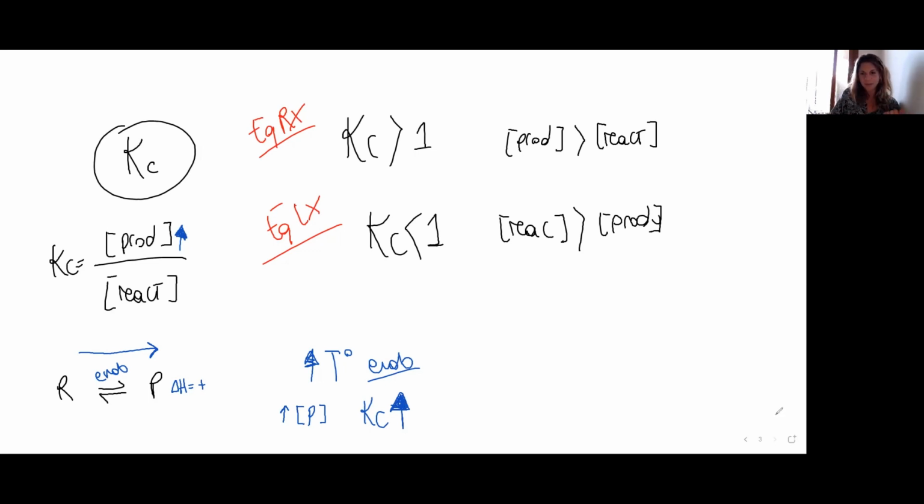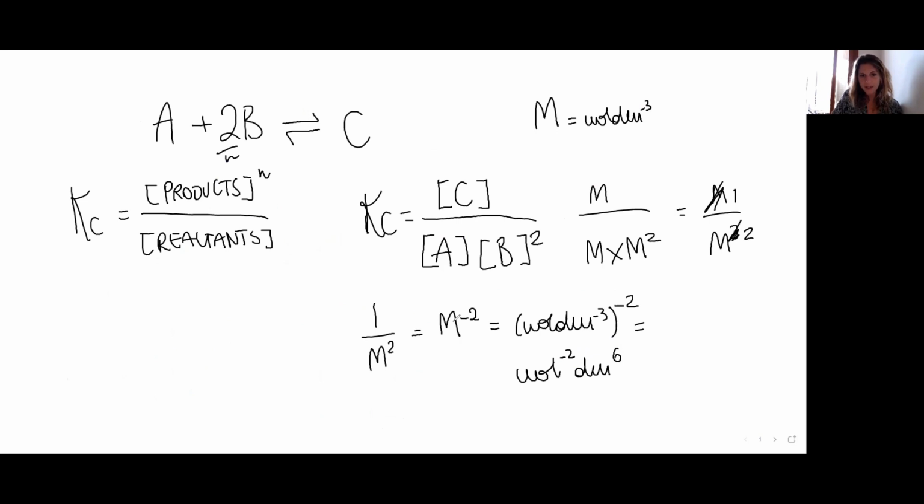Let's take the example we did up here about A and B. If we increase the concentration of A, it means there is an increase in the reactant value, the bottom value here.